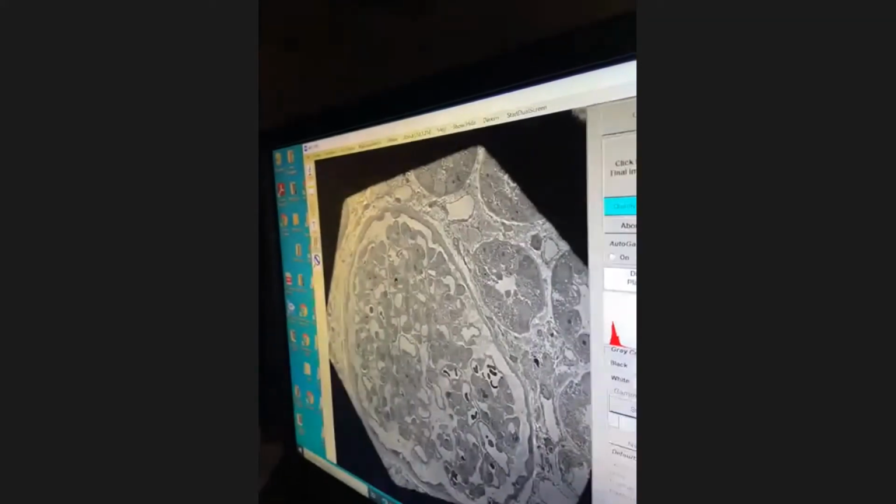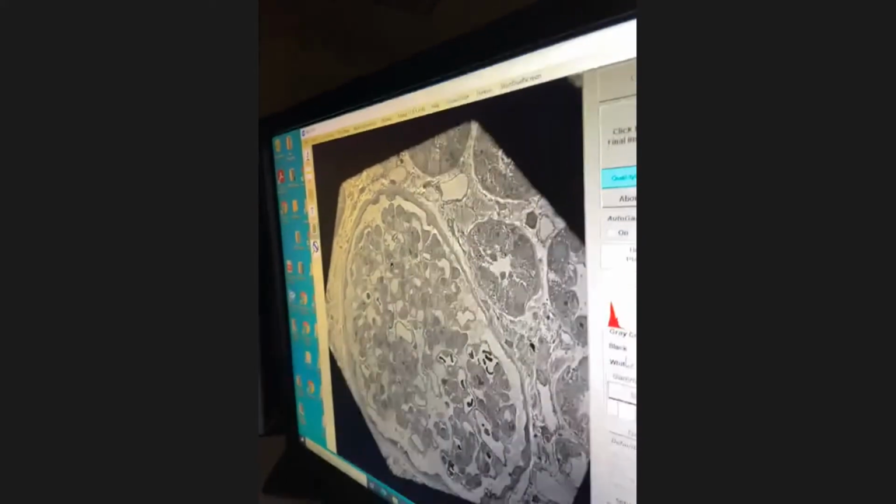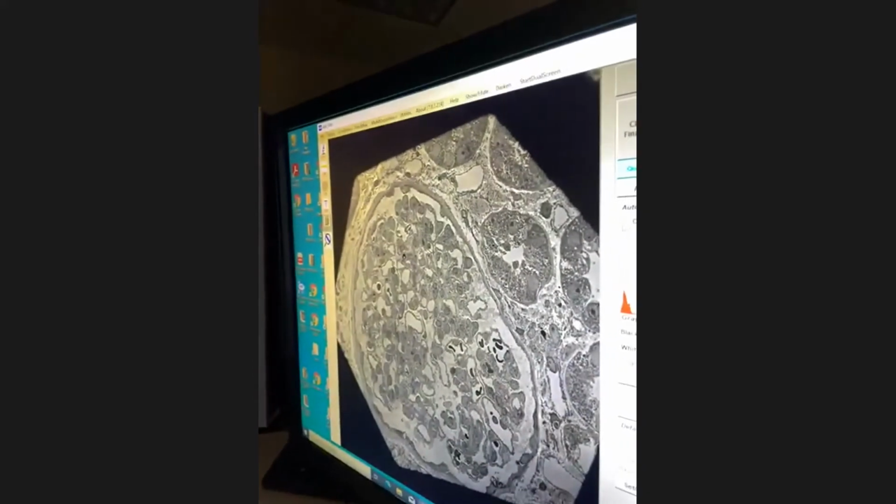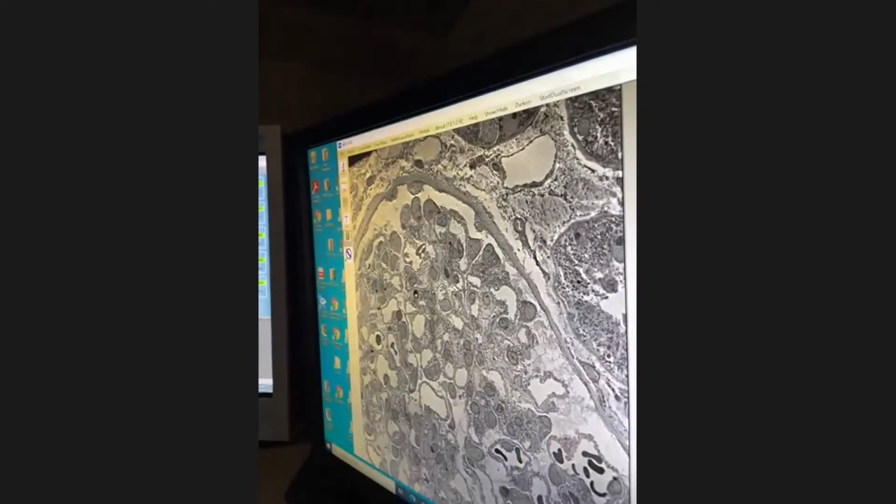And that circular thing, that's the glomerulus, right? Yes, it is. So you have your glom structure here, and you have your tubules, all of these things that you can find in the kidney that aid in filtration.